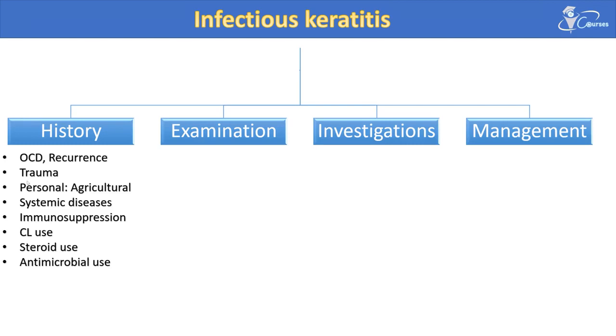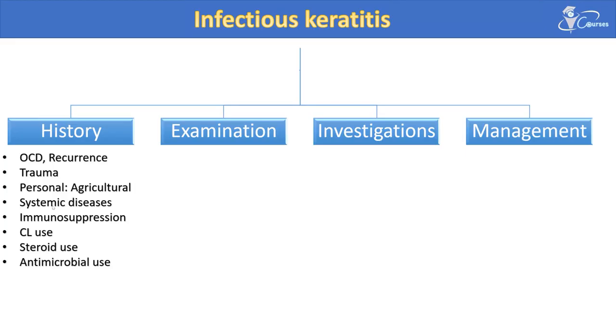Trauma is a risk factor for many corneal conditions, one of them being infectious keratitis. It can predispose to any kind of infection, like bacterial or fungal. Also consider the patient's occupation: if the patient is a farmer, he may be at risk of fungal infection, or if he is exposed to unclean water sources, he may be at risk of acanthamoeba keratitis.